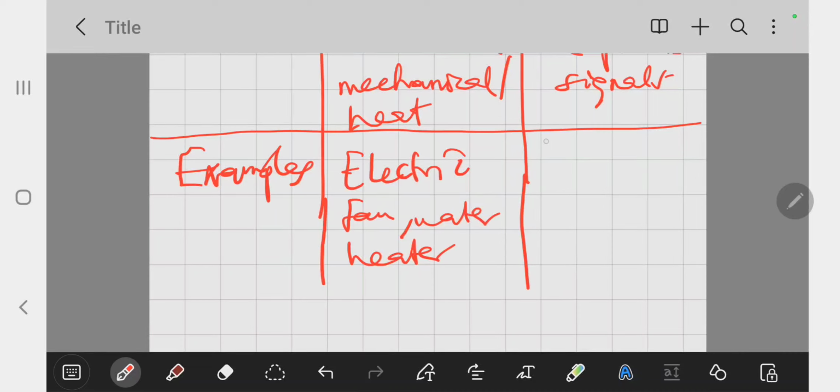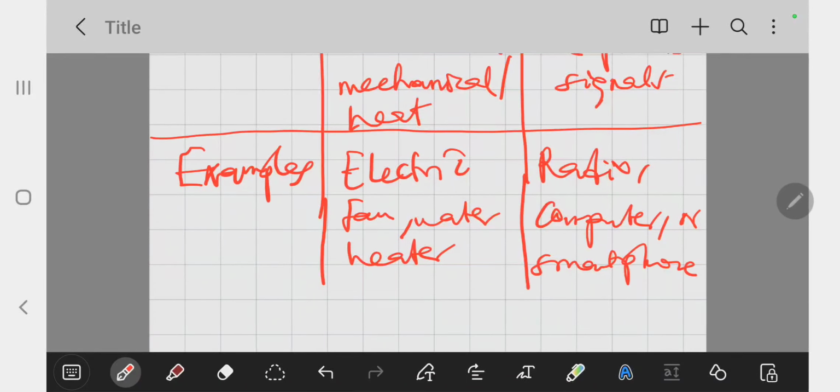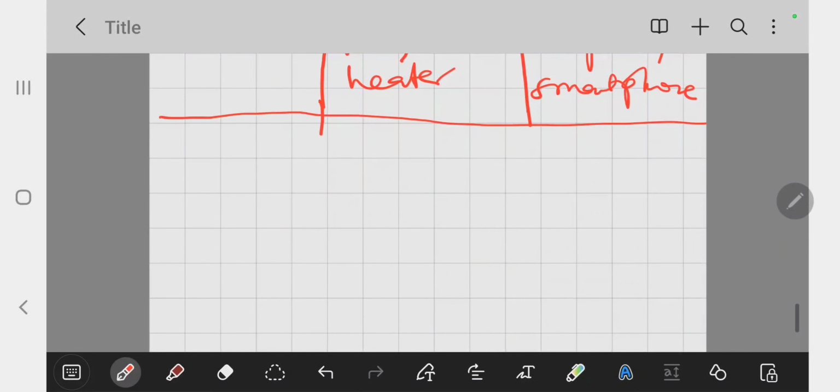And an example of an electronic circuit is a radio, a computer, or a smartphone. Okay, that is the main difference between an electrical and electronic circuit.